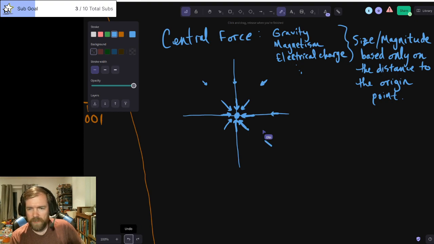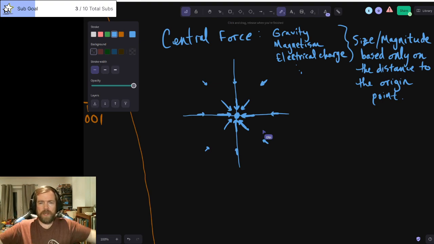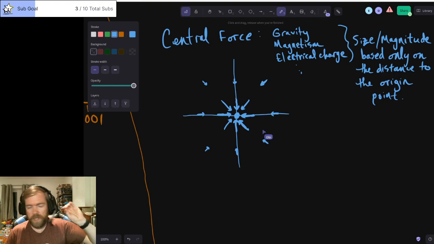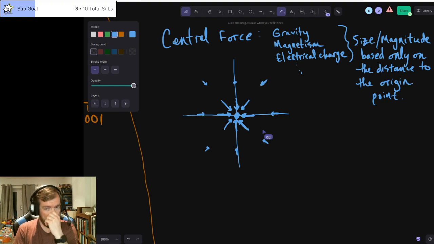Obviously, I do not do a good job with making them smaller. But again, this is our idea. As we move away, the only thing that matters is going to be the direct linear distance between the origin point and our current point, wherever we are.